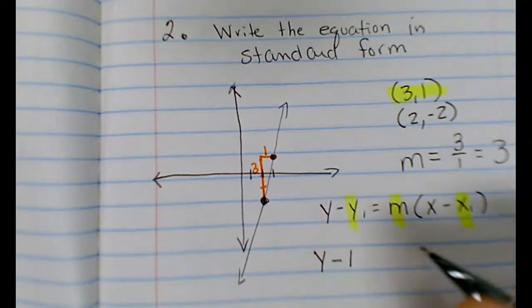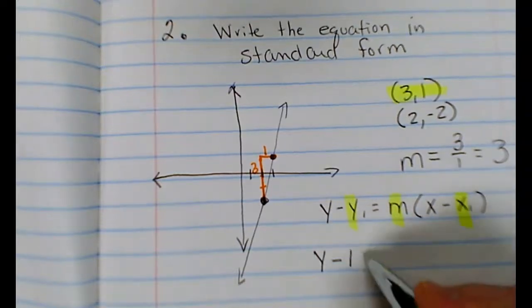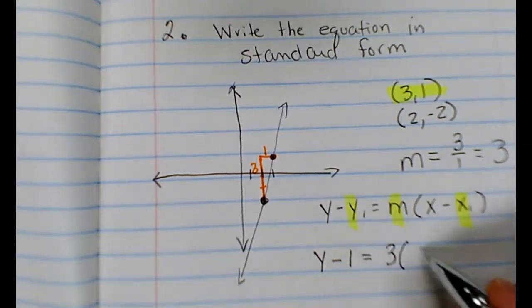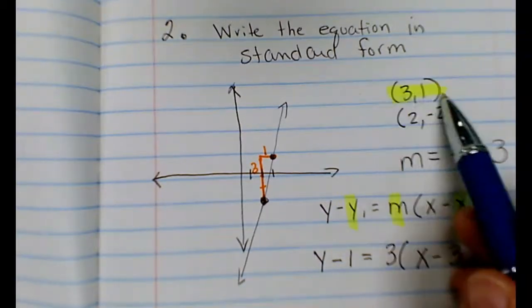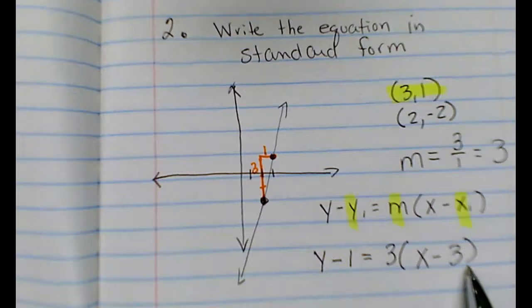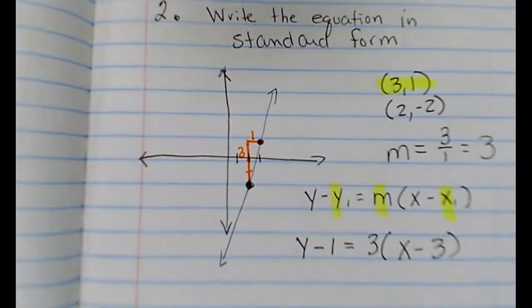Y minus 1, make sure y goes with y. The slope is 3. Make sure x number goes with x. These are positive points. When they go into the equation, they're negative because of the negatives in the equation. That's not standard form.